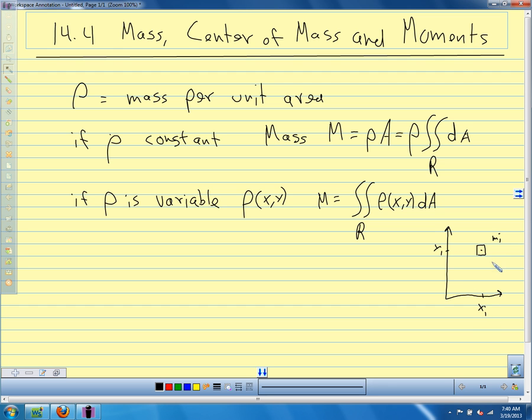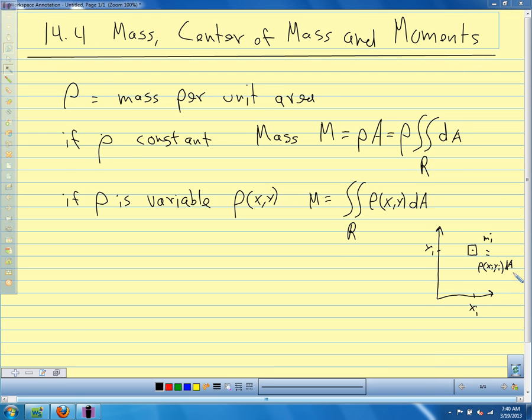So the mass of this little piece is our density at that area times delta A sub i. And we're just summing these little pieces of mass over whatever our region is.